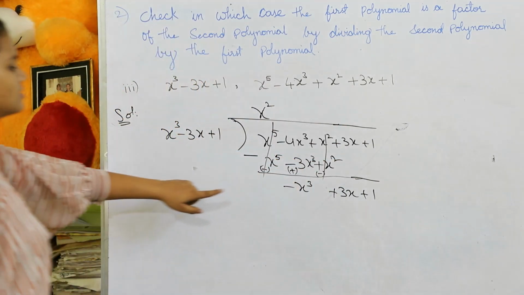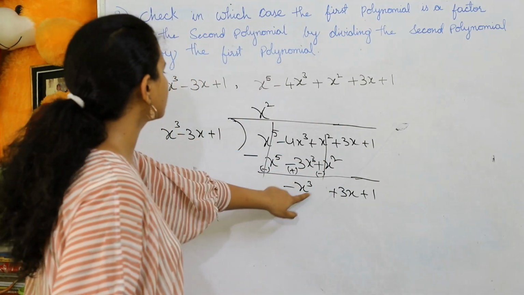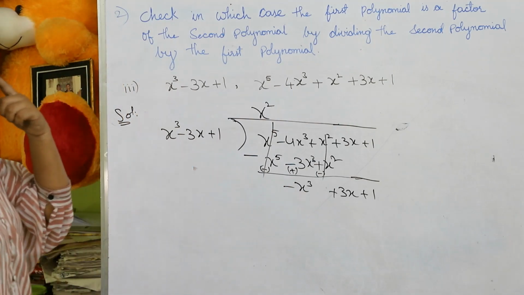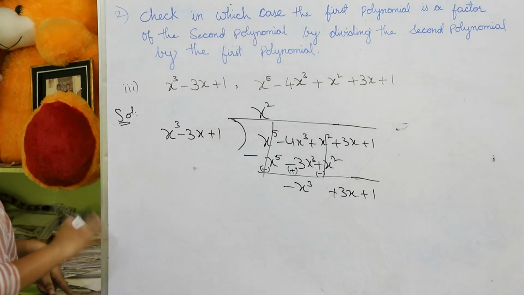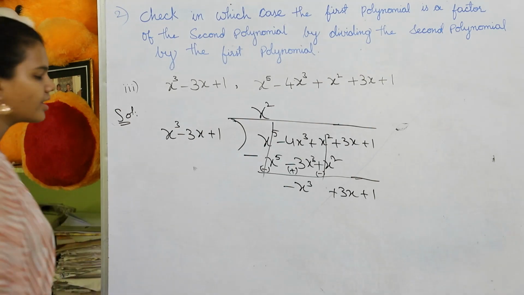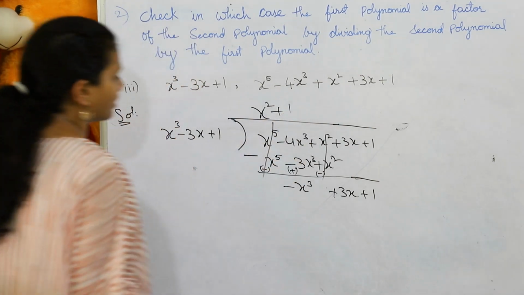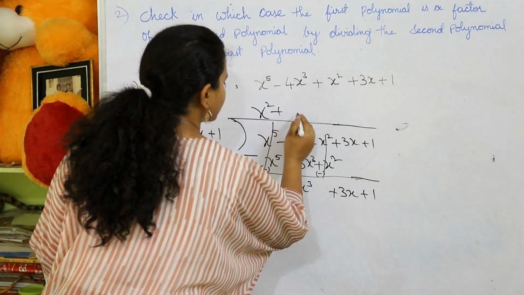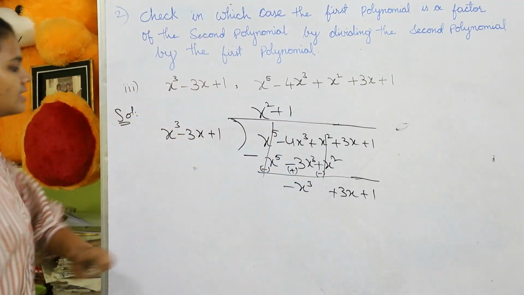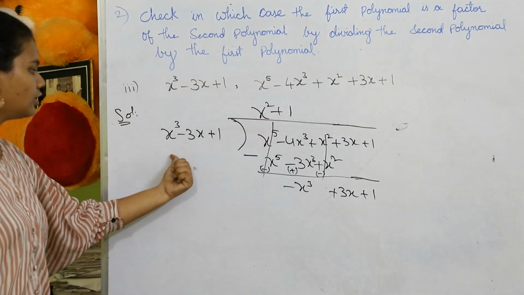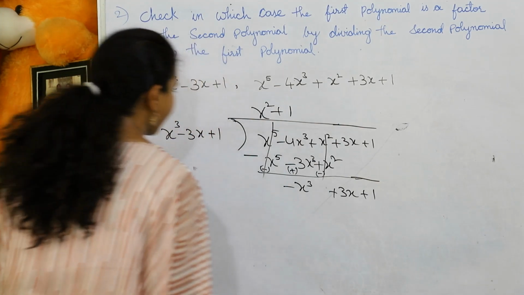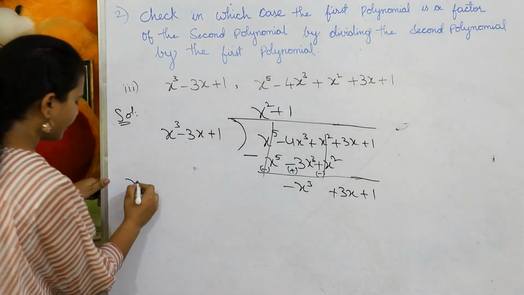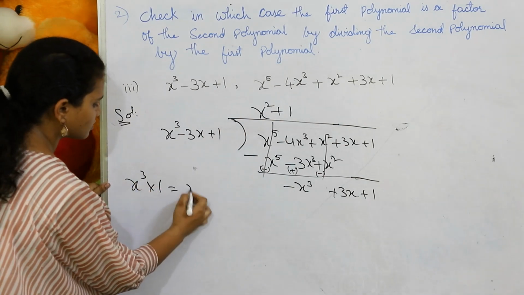Now coming back to this, consider the first term as it is. Here I have x cube, here also I have x cube. So how do I equate? If I add plus 1, 1 into x cube gives x cube.